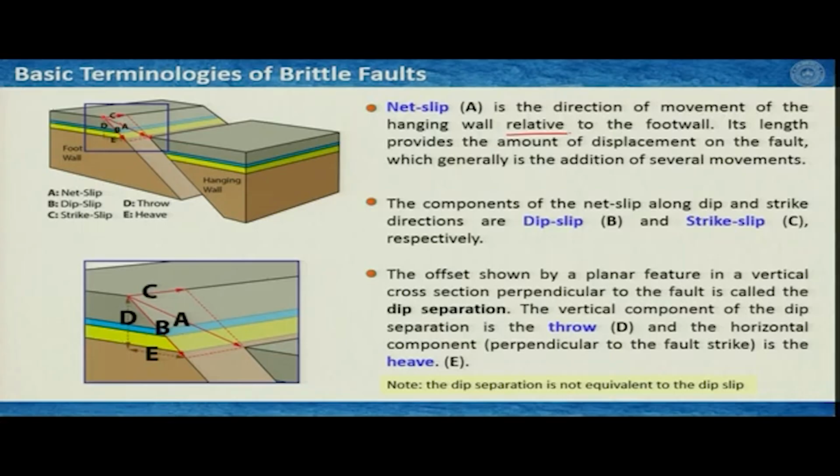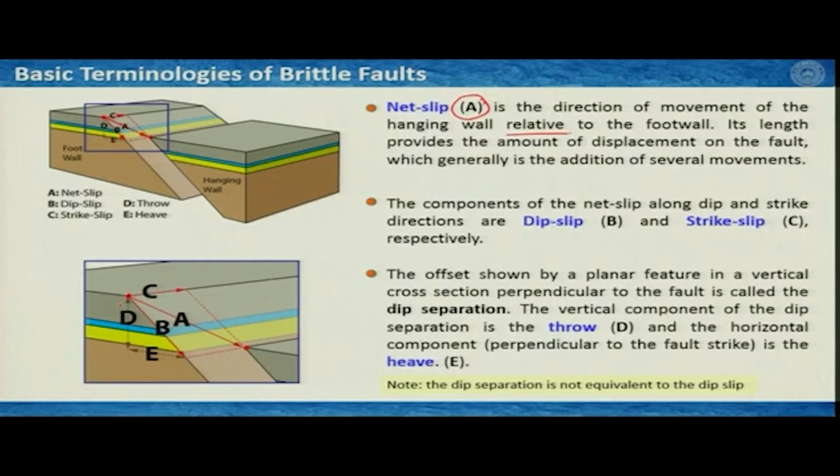So, these 2 points which were neighbors, now stay far away. Now, along which this displacement happens, this is a vector, and this vector is known as net slip, which is A. You can see a zoomed diagram here. These 2 points were together, now they are separated along the fault plane, and the vector of this displacement is known as net slip.